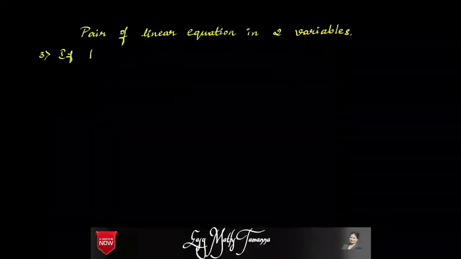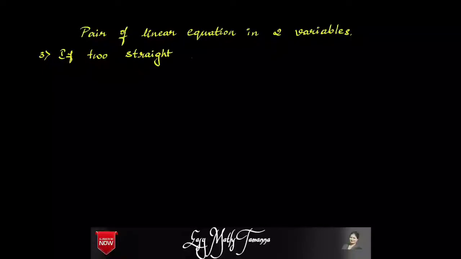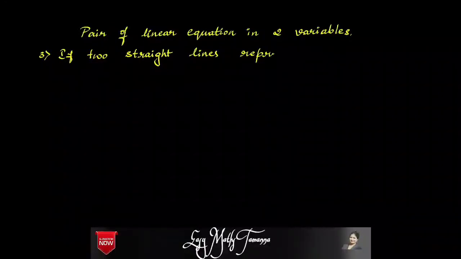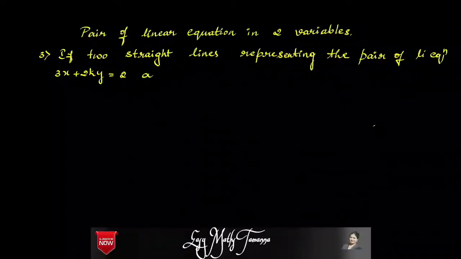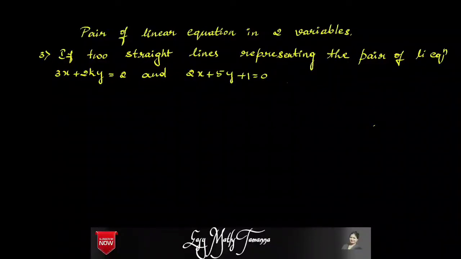The third problem is this type. If two straight lines representing the pair of linear equations 3x plus 2ky is equal to 2 and 2x plus 5y plus 1 is equal to 0 are parallel to each other.